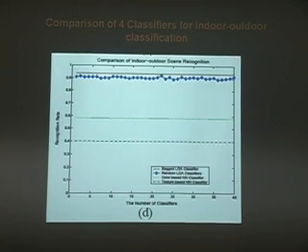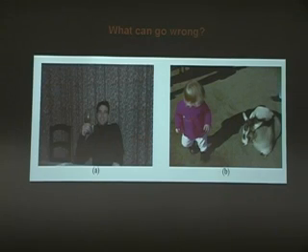But I have some results I won't show you here. When you do multiple scene categorization, this bagging method does help. But I won't show it here because I don't think it's very important. So what can go wrong? I give you 2 images where my algorithm makes errors. So on the left, right?